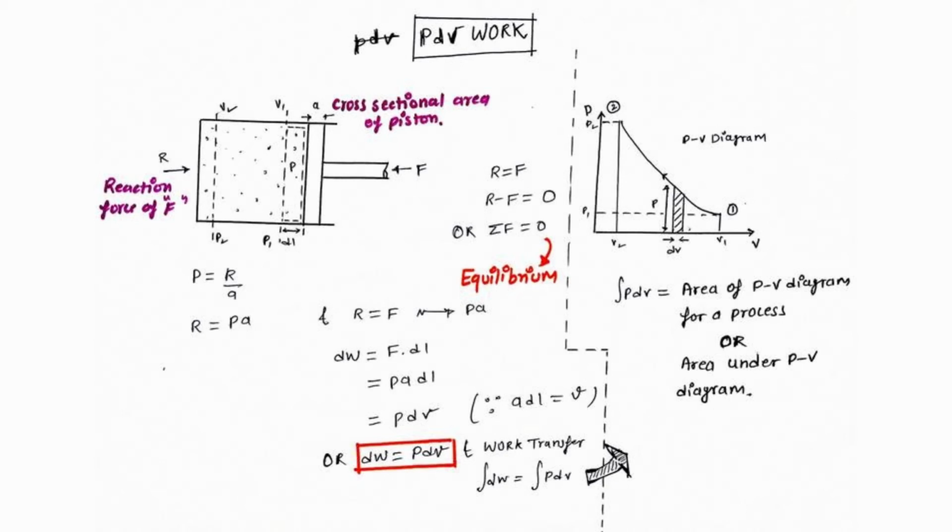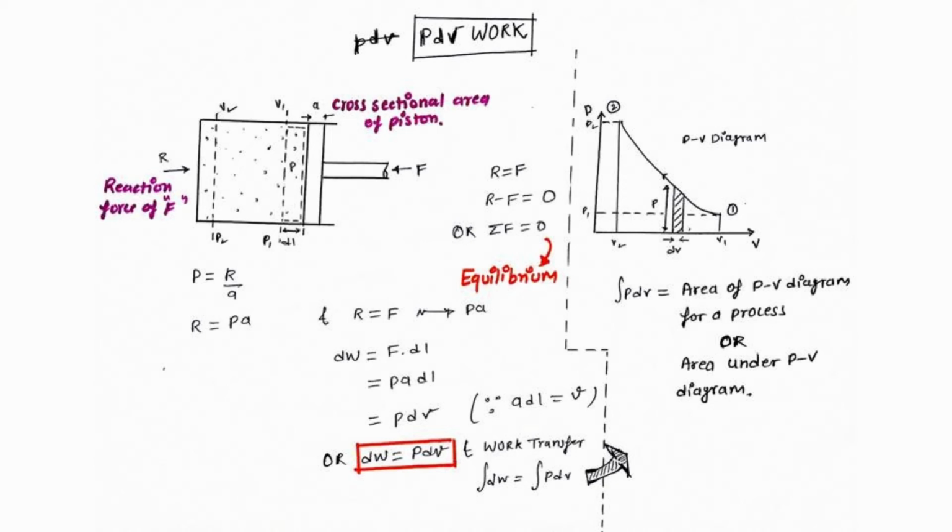Now at this particular instance, let P be the pressure of the molecules present inside the cylinder. As we know, pressure is normal force per unit area, and here the normal force is R. So R by A would be your pressure, or R would be equal to P into A. Now let's find out the mechanical work here.